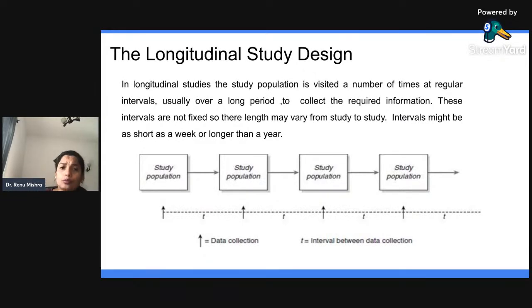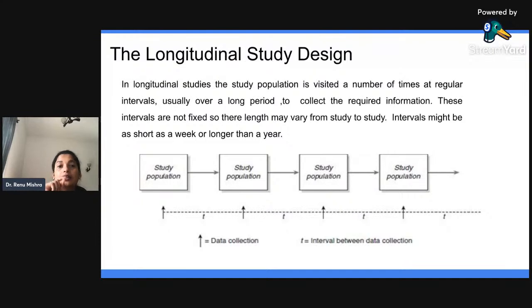This is also quite a popular one, especially among those doing longitudinal psychological studies, human behavior, and evolutionary studies. They preferably use a longitudinal study design.